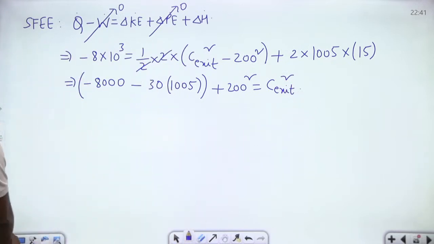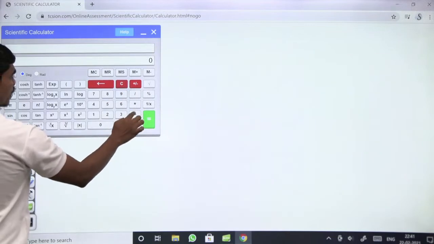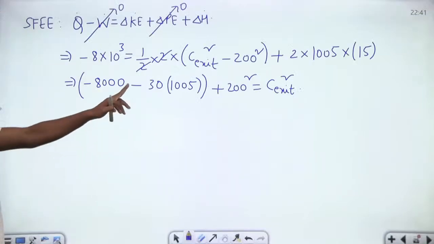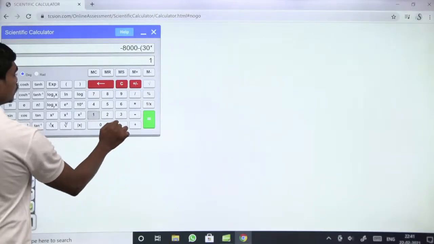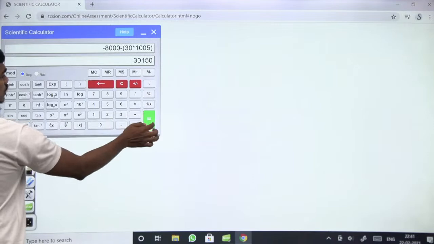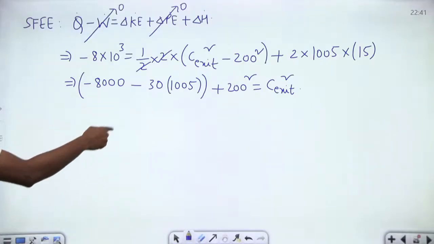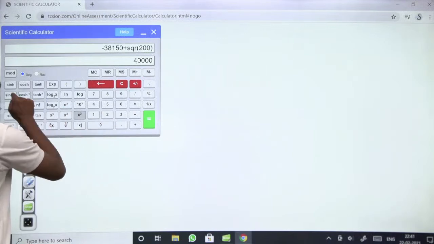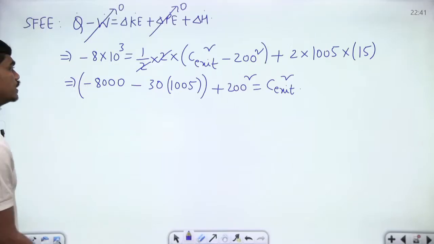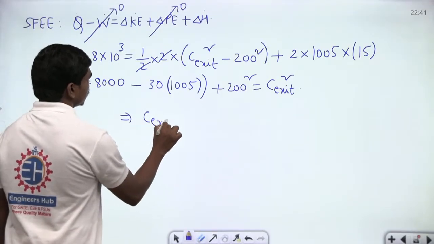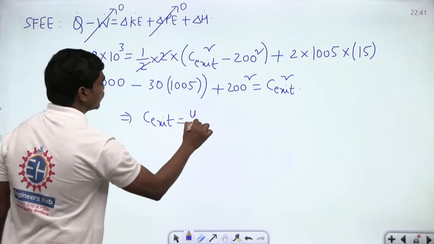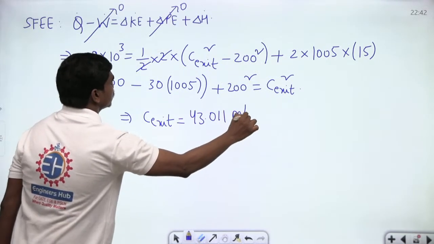Let us calculate this value quickly: minus 8000 minus 30 into 1005, since this is also in joules, plus 200 square. This is the value 1850, and if you take the square root of this, 43.011. So C2 or C exit is 43.011 meters per second. So this is the exit velocity.